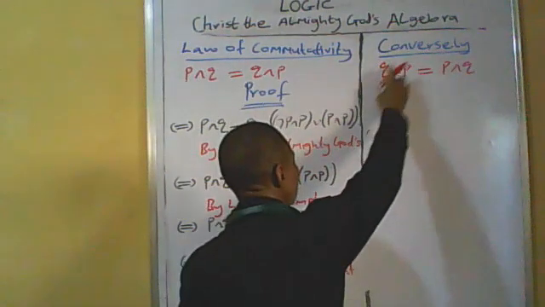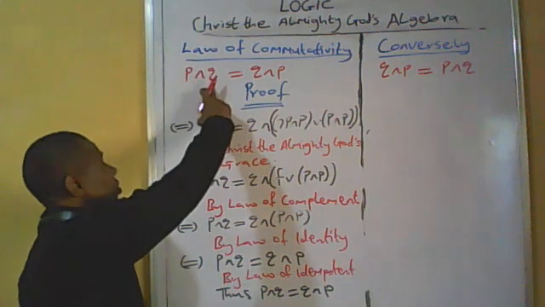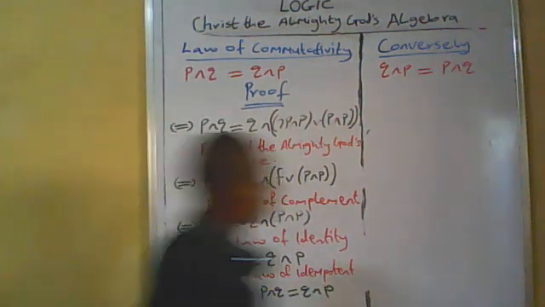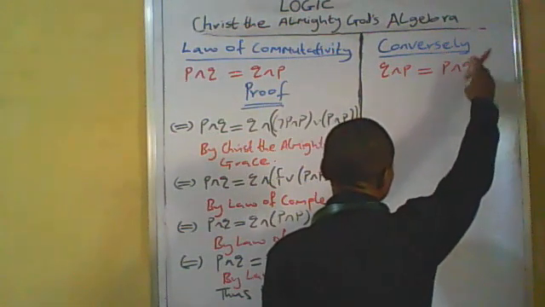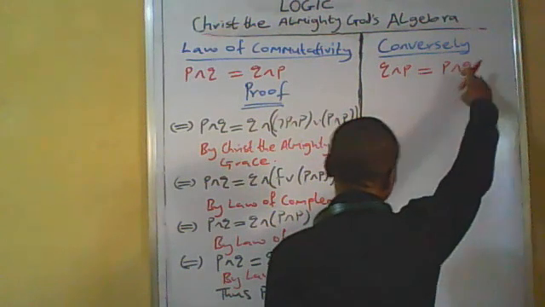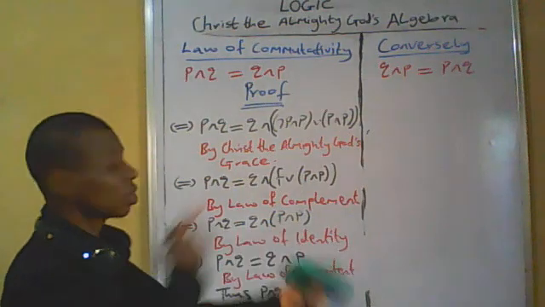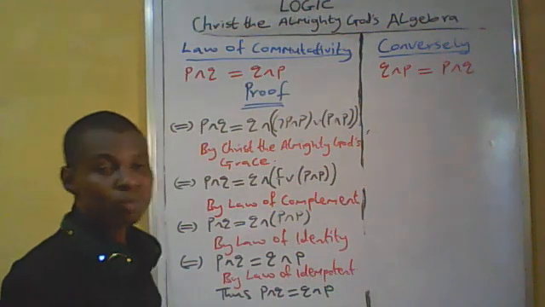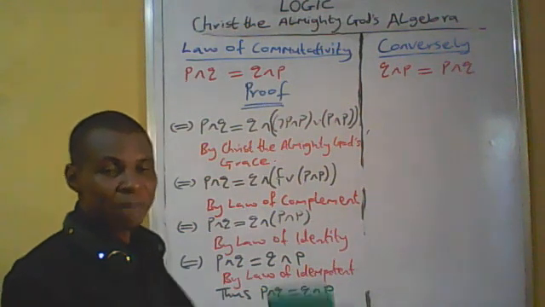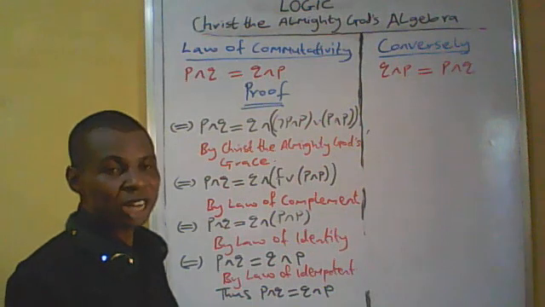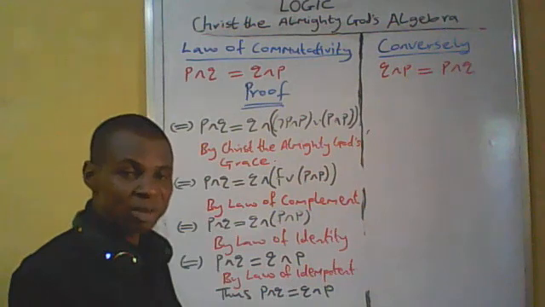That means Q and P. Now this P and Q that is the left equivalent here is now the right equivalent. So it is converse. We are going to prove that it also exists. Then we establish by the principle of stability that law of commutativity by quantitative statement exists.